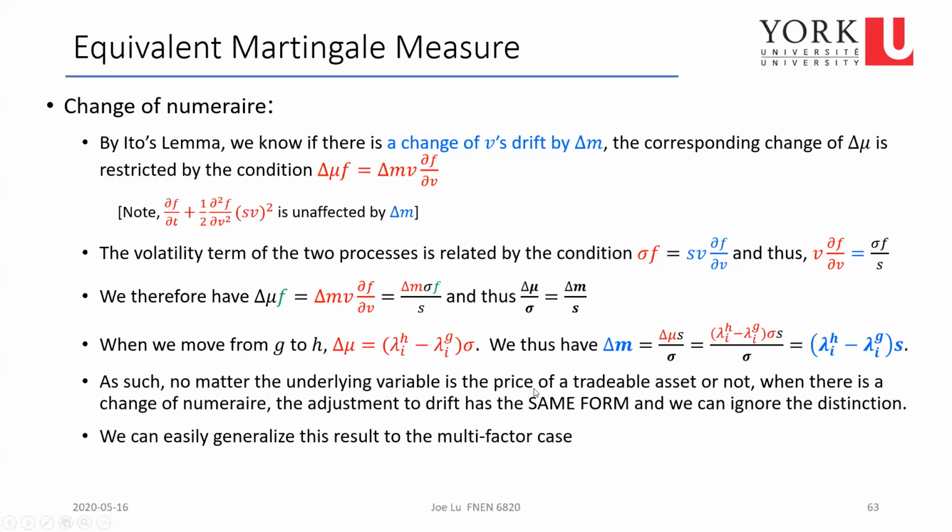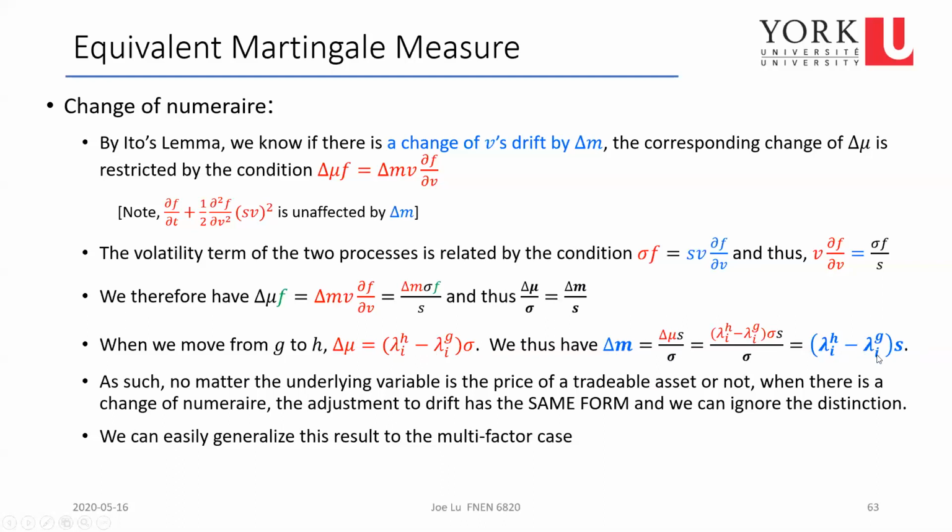So once you have this condition, you will see that when I move from G to H, I need to change my drift for F in this way, right? So you change the risk premium from G to H times sigma of F. Well, if this is the case, then delta m, the change of the drift for the process that's not a price, will also follow exactly the same form.